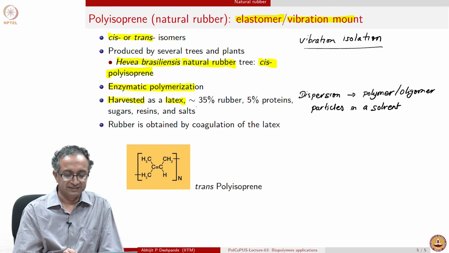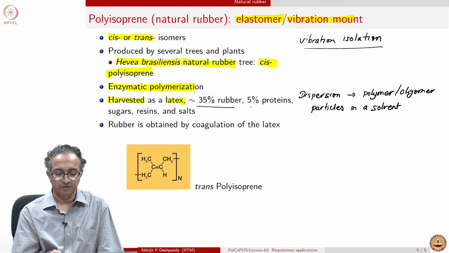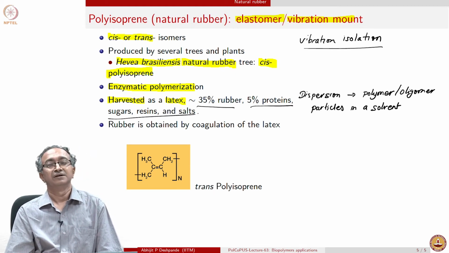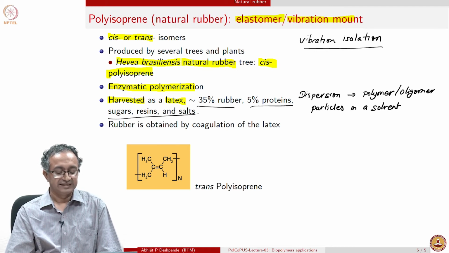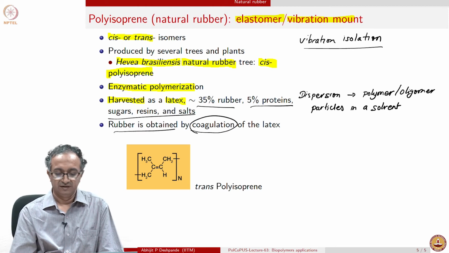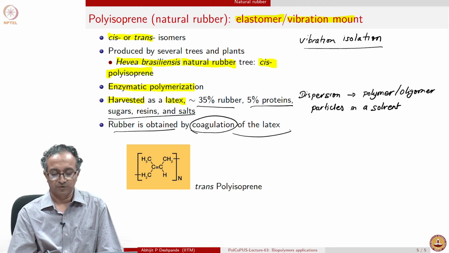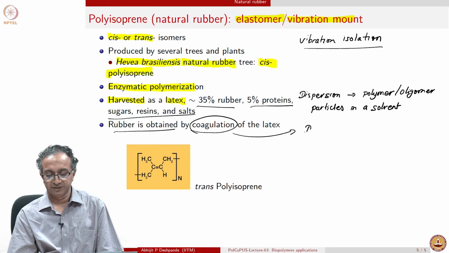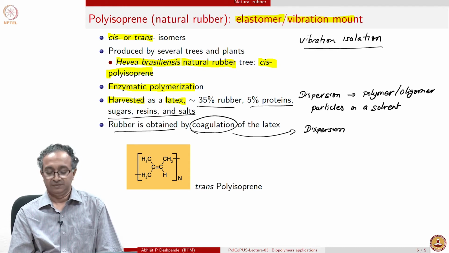So, it contains some amount of rubber, and then of course, other biological chemicals, and then rubber has to be obtained by coagulation. So, in this case coagulation is a process where the dispersion is broken.